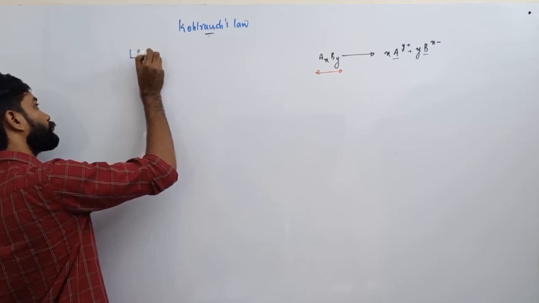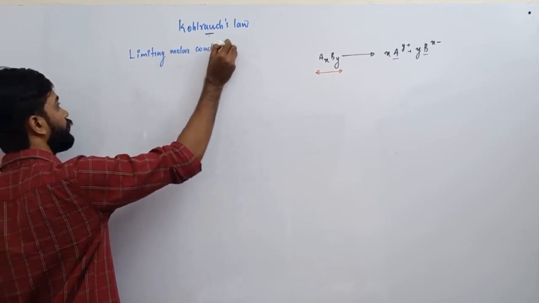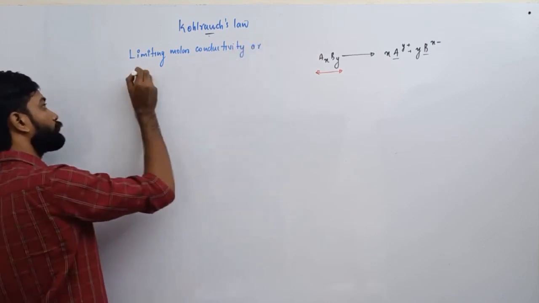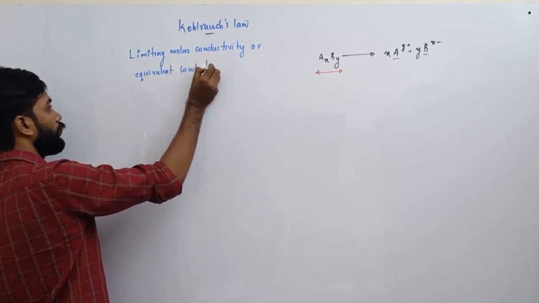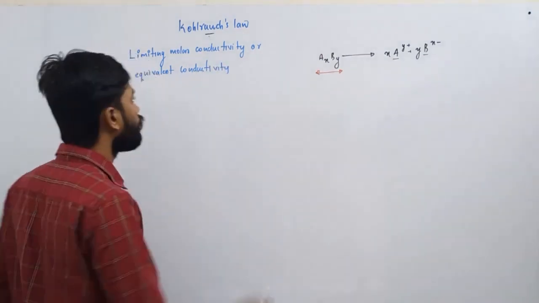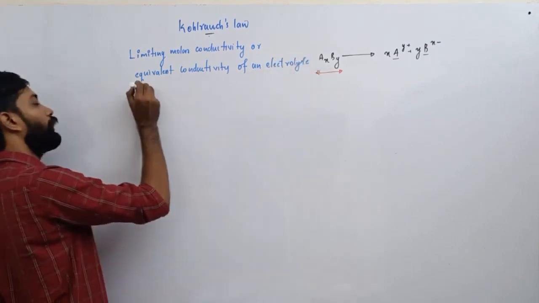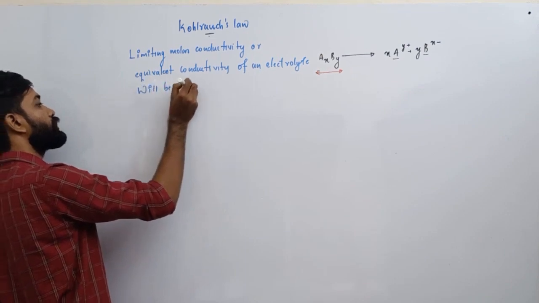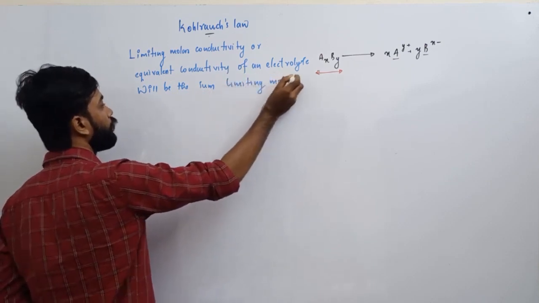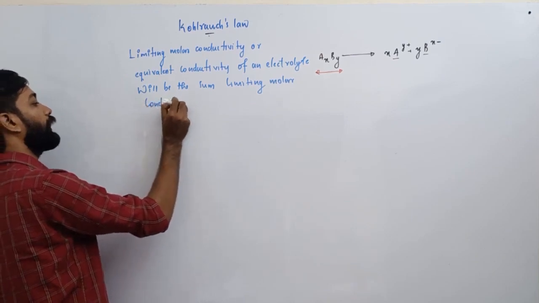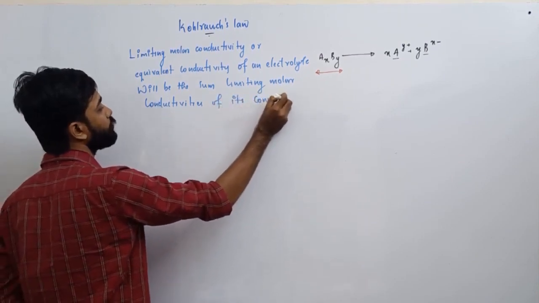Listen here. Limiting molar conductivity or equivalent conductivity of an electrolyte will be the sum of limiting molar conductivities of its constituents.